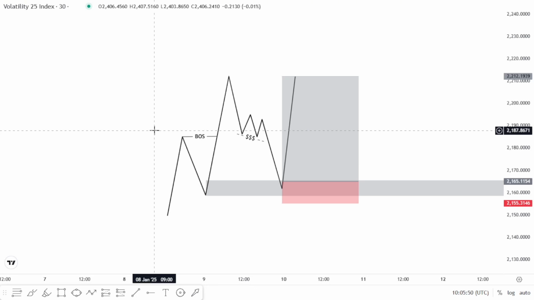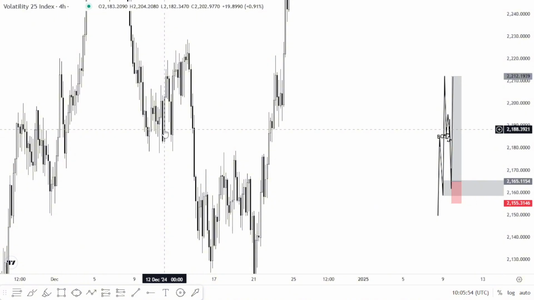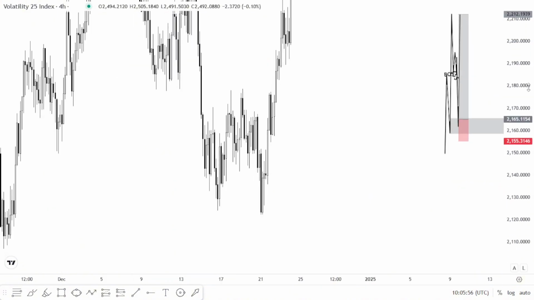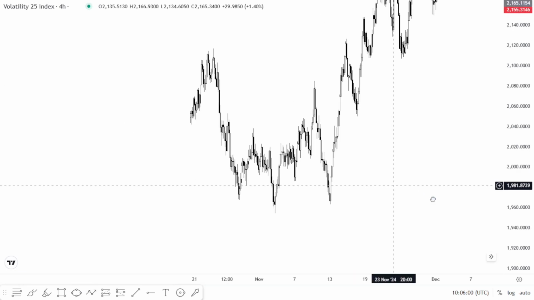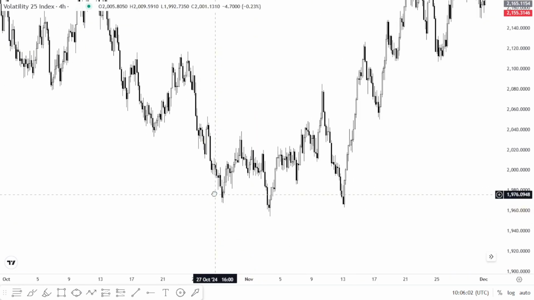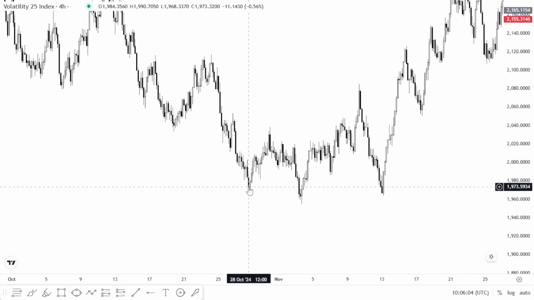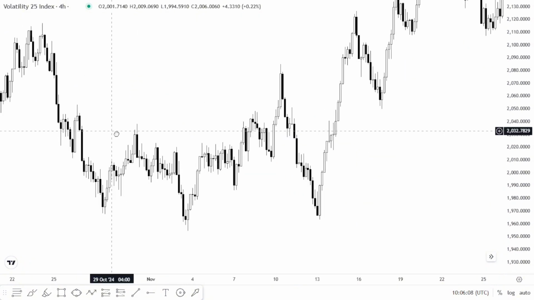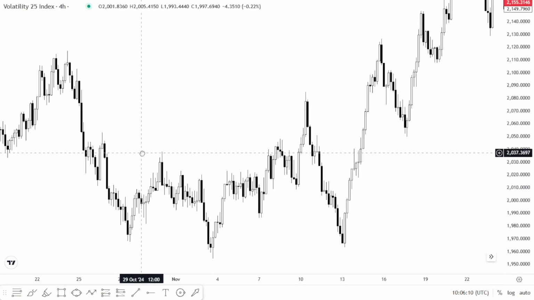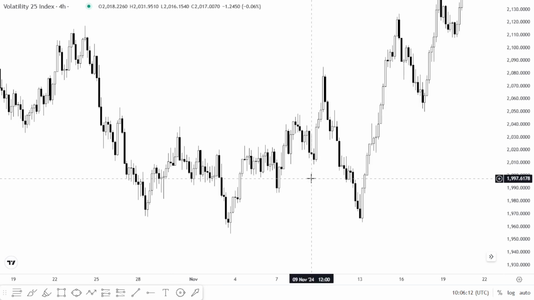First and foremost, let's go to the 4-hour time frame. So we are using the VIX 25 index for this example. Right here, we can clearly see, I just wish I could cut out this chart so as to make everything really simple.